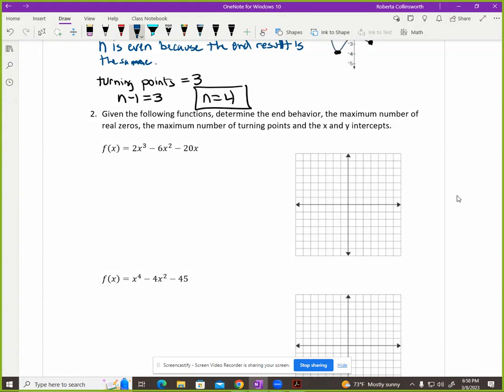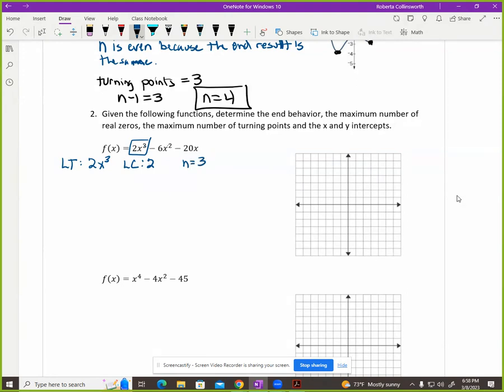So let's identify our leading coefficient, our leading term. This is our leading term because this is in decreasing order. So my leading term is 2x to the 3rd power, and I know that my leading coefficient is 2, and I know that n is 3.